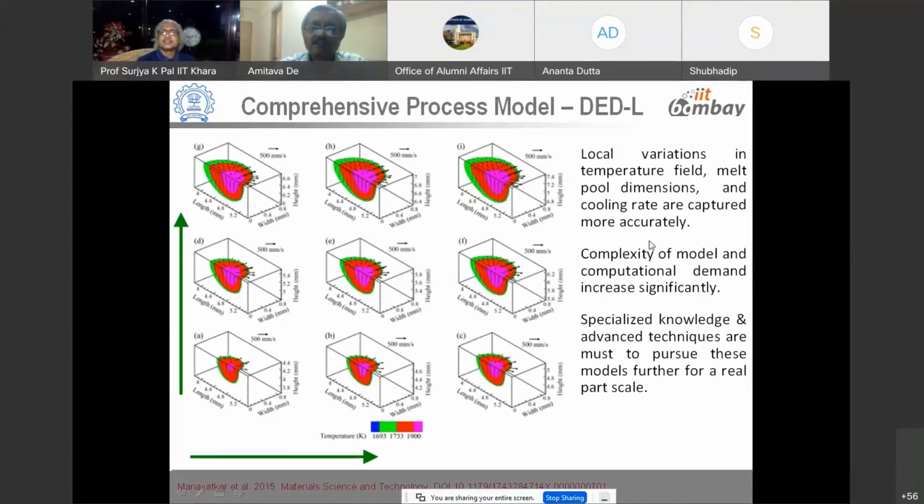So local variations in temperature field, melt pool dimensions, and cooling rates would be captured more accurately in such models, because we are also considering the fluid flow in the model. However, these models, as we all know, remain very complex, because we have more physics involved inside the model.